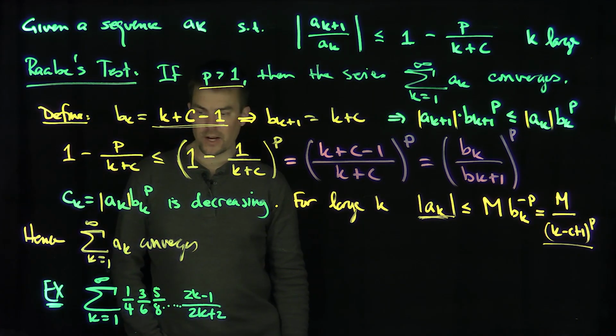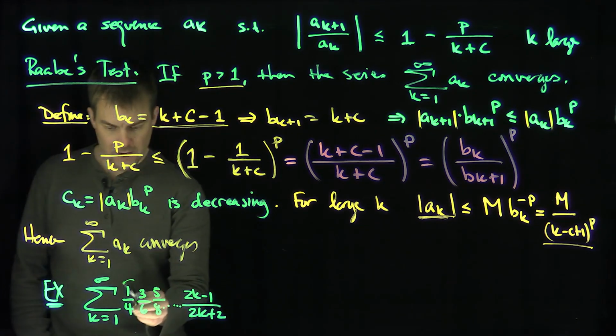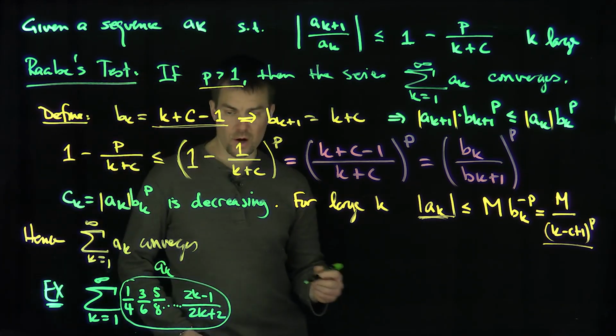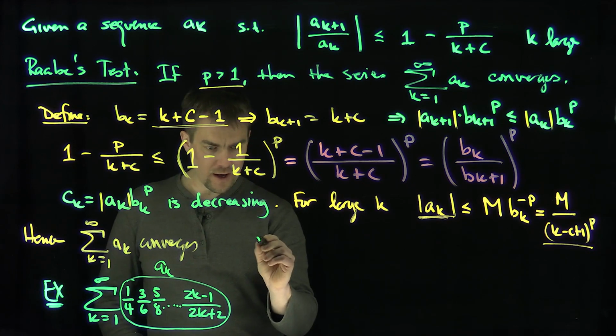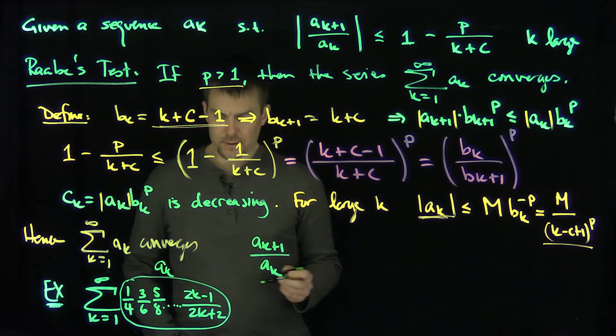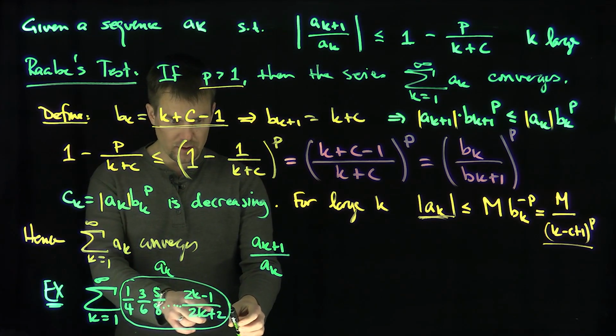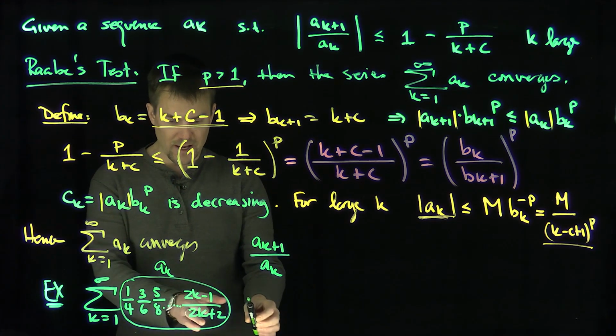Now, of course, if I look at the ratio of any two of these terms, so if that's my a_k, then what's a_{k+1}? The ratio of a_{k+1} and a_k is going to be what? Well, a_k and a_{k+1} share all the same terms down to the very last one, so all these things are going to cancel.